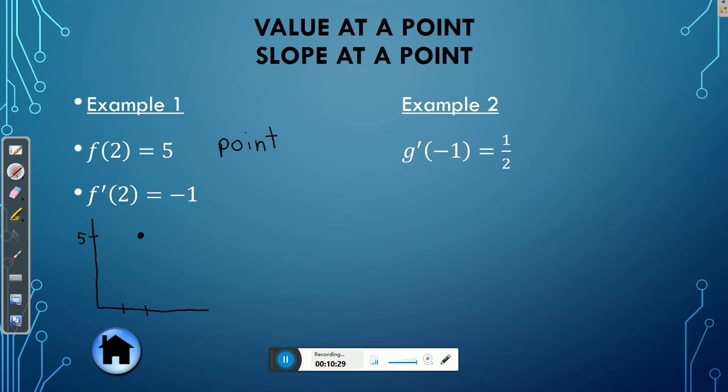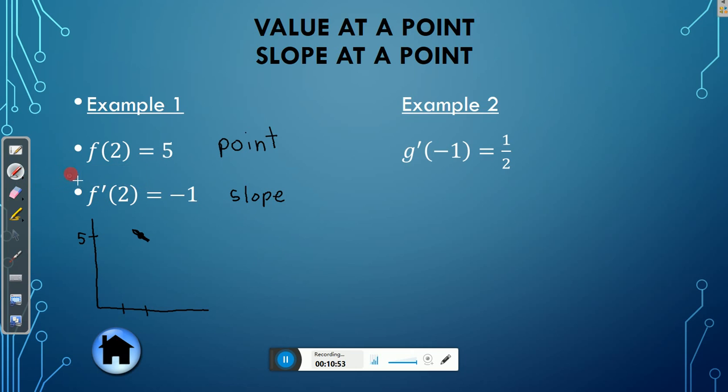If I am told that f prime at 2 is equal to -1, that means the slope at that point will be -1. So what does a -1 slope look like? Kind of like that. Now the tricky part is f prime is a function of its own.